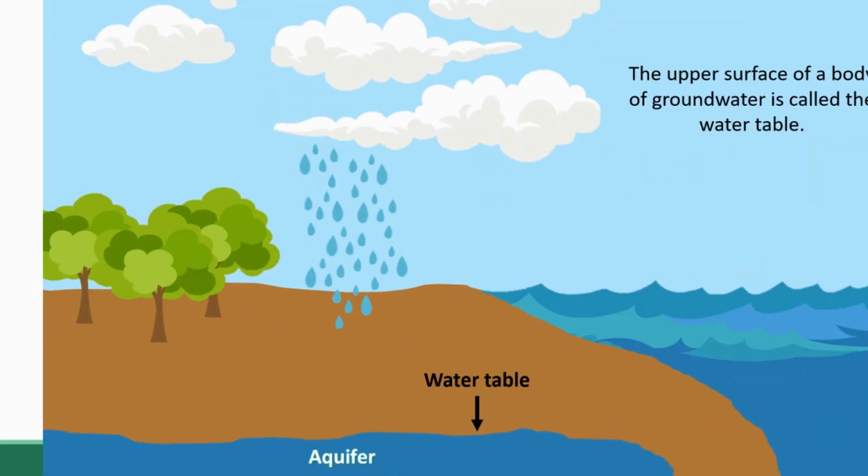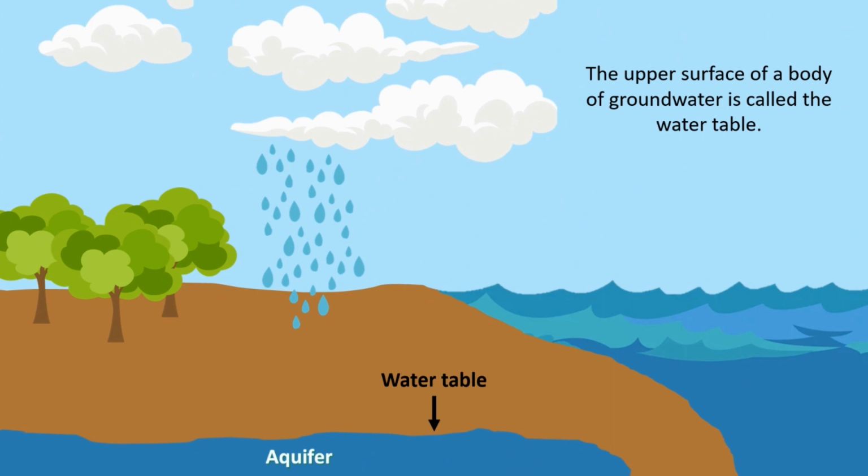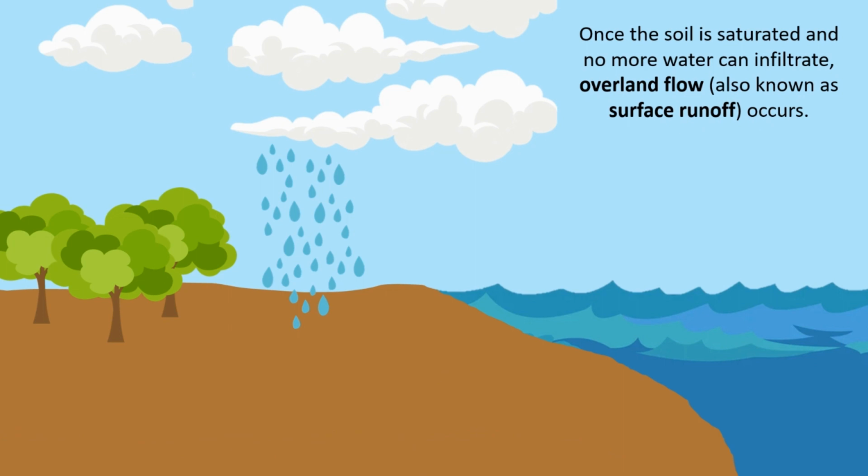Okay, so we know that some precipitation water infiltrates into the ground and becomes part of groundwater stores, but eventually soils may become saturated with water and no more water can infiltrate. So at this point, overland flow will take place. Overland flow is known as surface runoff.